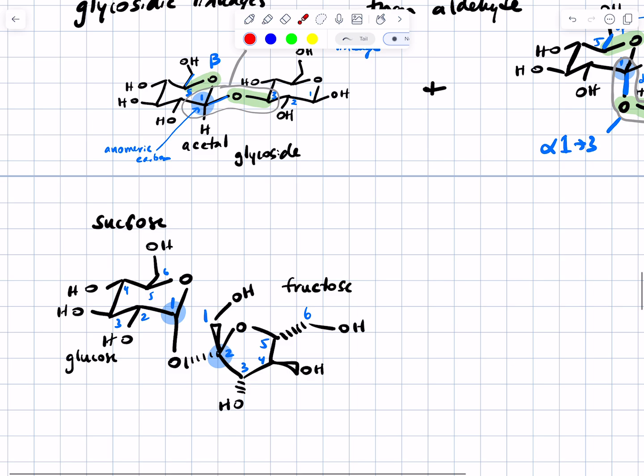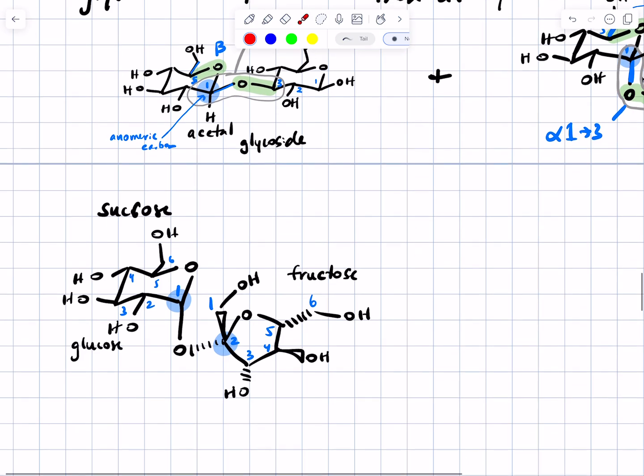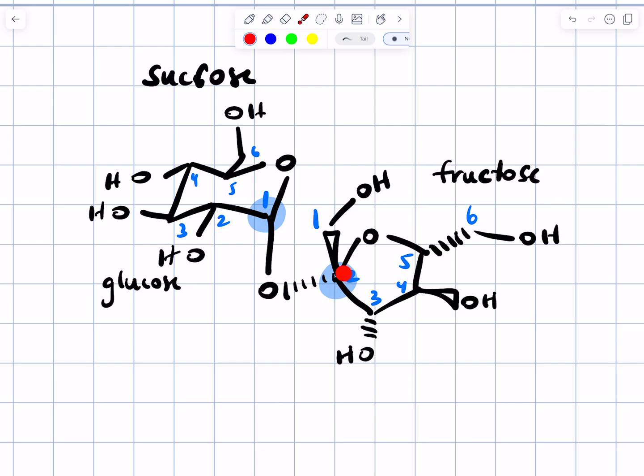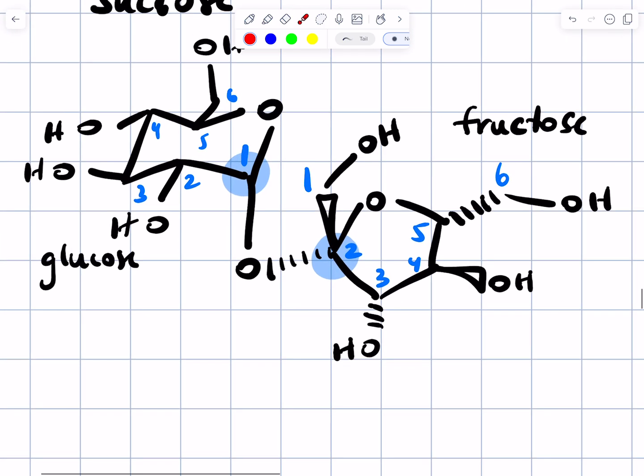In the glycosidic linkages that we did before, one side was the anomeric carbon and the other side was just from an OH group. Sucrose is different because this carbon 2 is bonded to two OR groups, just like carbon 1 is.